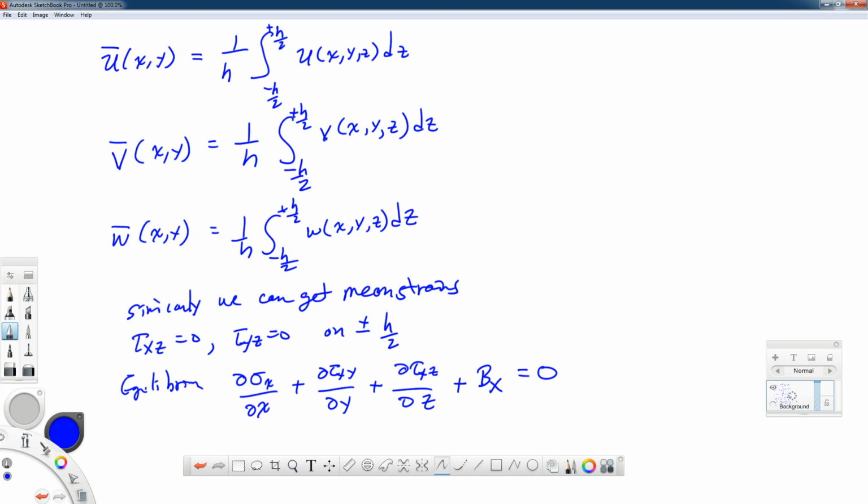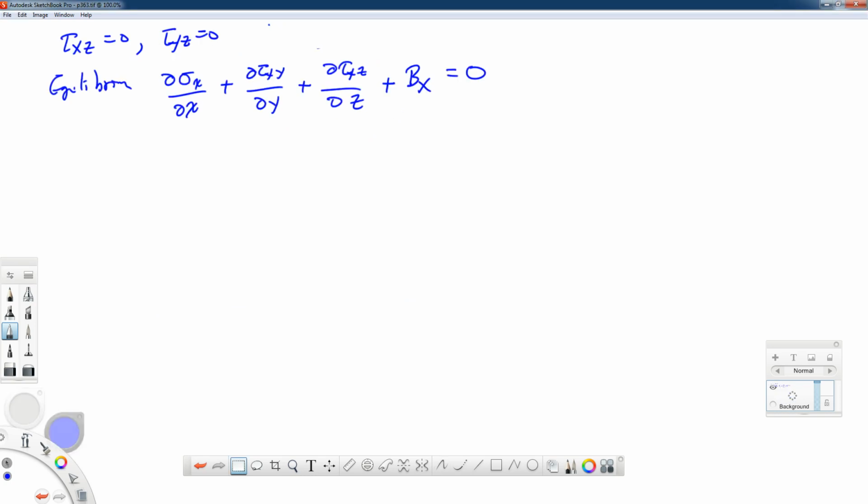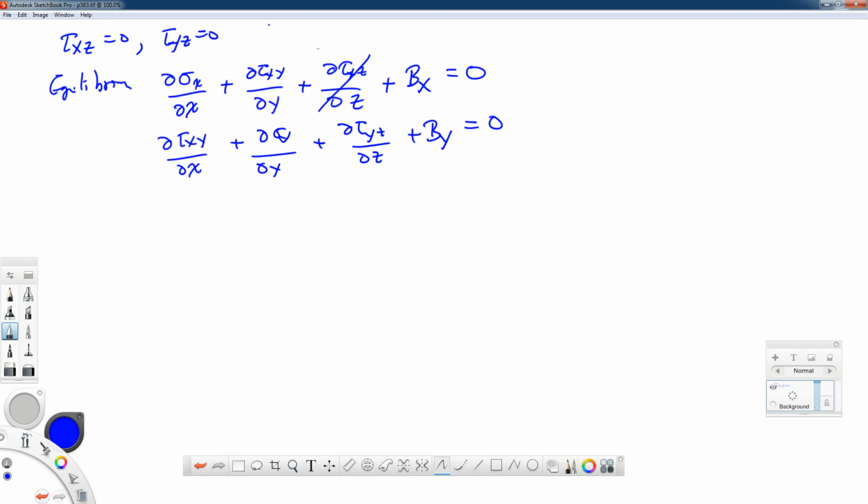We can have a similar body force term for the second line. Let's go ahead and write that out. Partial of tau xy with respect to x plus the partial of sigma y with respect to y plus the partial of tau yz with respect to z plus a body force in the y direction is equal to 0. Of course, with these two going away, being 0, we can get rid of those terms there.